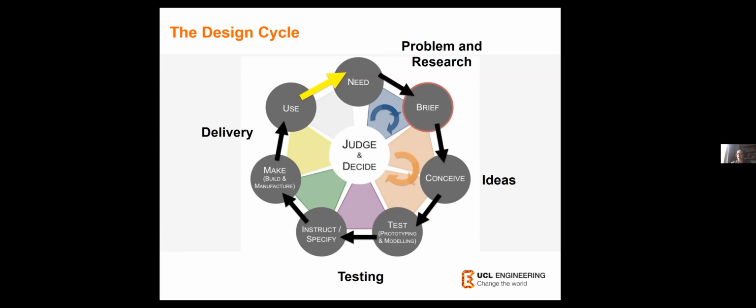And then again, delivery is really the make, build, manufacture. So how do you get it to the point where you're going to ship it to stores or send it to people? And then the use stage is: what are the people doing? How are people using it? Are they using it in the way that we thought they would? Because that's always a really interesting stage, I think.